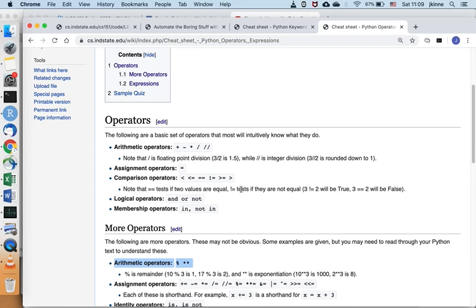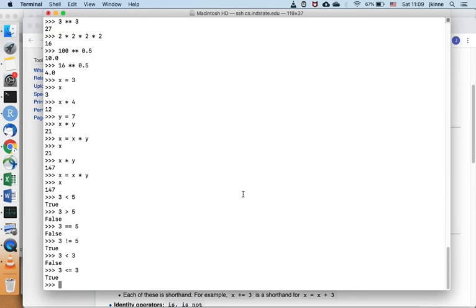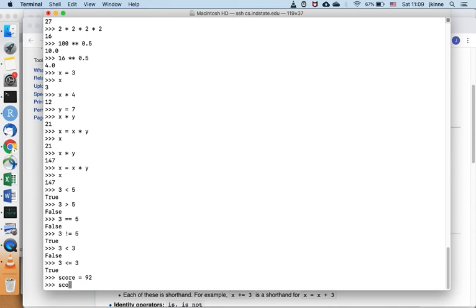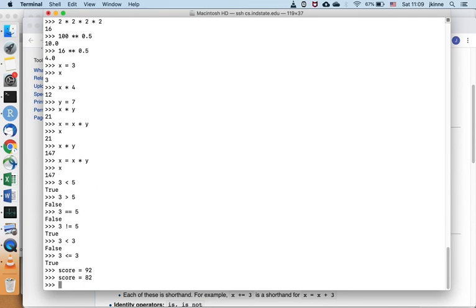If we want to combine some of those together, let's say that I have a score, let's call my score 82. That's a grade on some assignment, and I want to check to see, is this a B? So I want to check, is score at least 80?